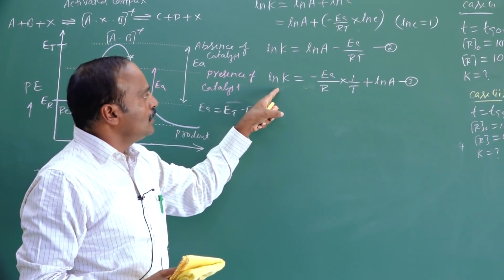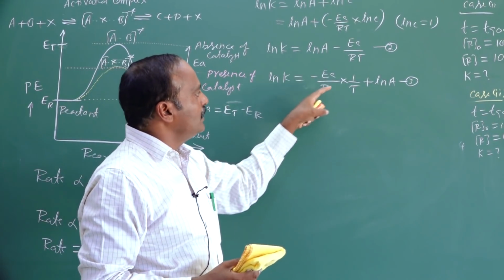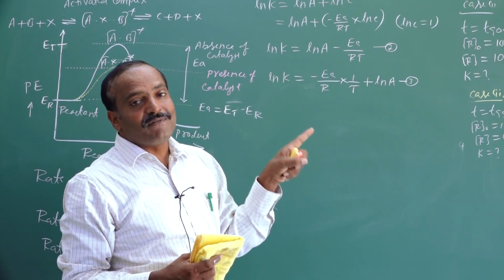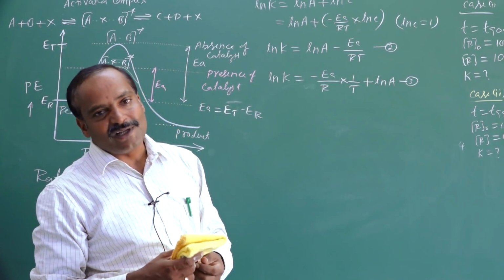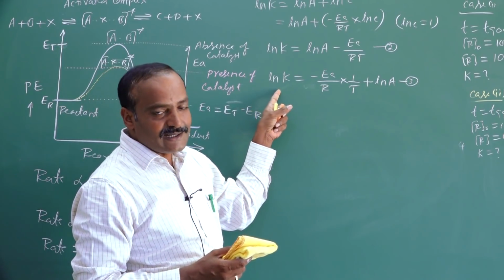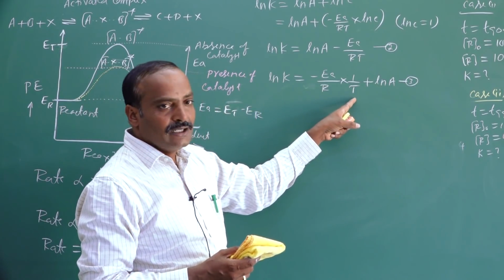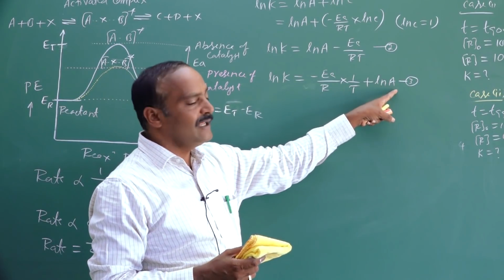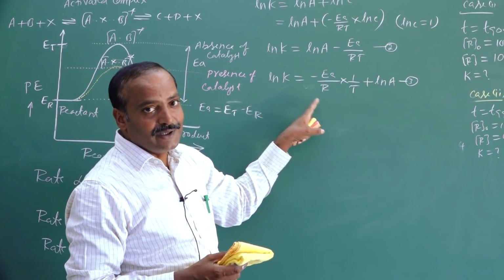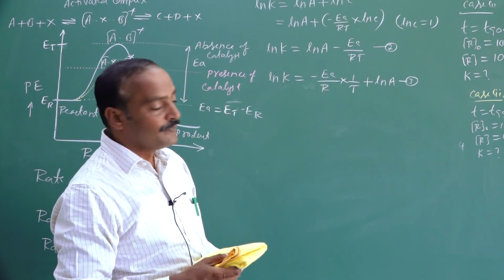This equation is in the form of y is equal to mx plus c. Y axis is ln K, x axis is 1 by T. We get intercept ln A. We get slope minus Ea by R, which means we get a negative slope.